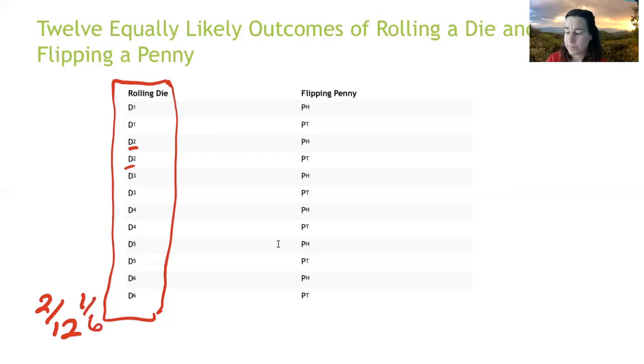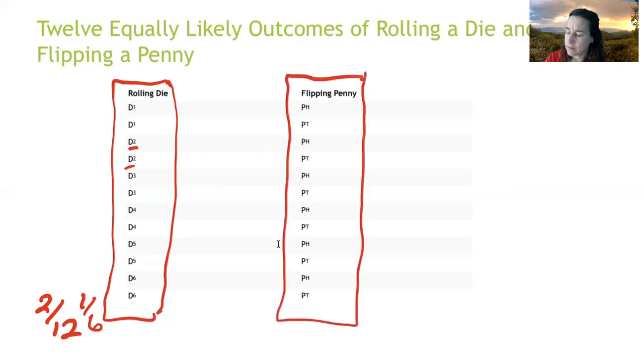We're looking for number 2. Flipping the penny, we flipped the penny 12 times, and it's a 50-50 shot, right? If we count up how many times we got heads, 1, 2, 3, 4, 5, 6. 6 out of 12 times, we ended up with heads, or 50-50 shot, 1 out of 2.